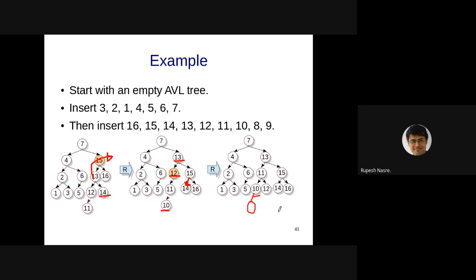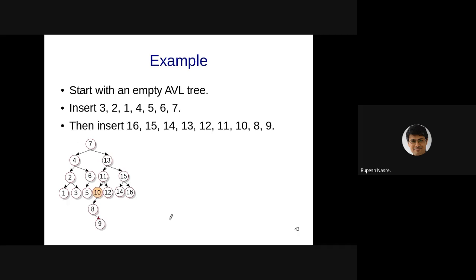So 8 seems to be harmless, but when we try to add 9, that is going to get created here, and that will create an imbalance at, I think, 10, and therefore we will do a left rotation followed by right rotation, so we'll require a double case. So 8 is fine.